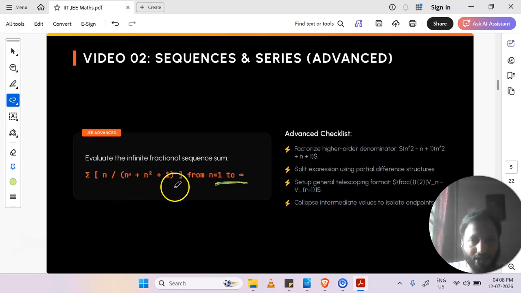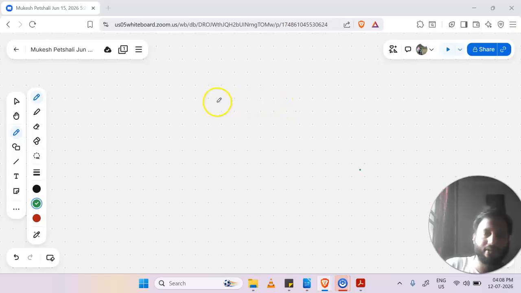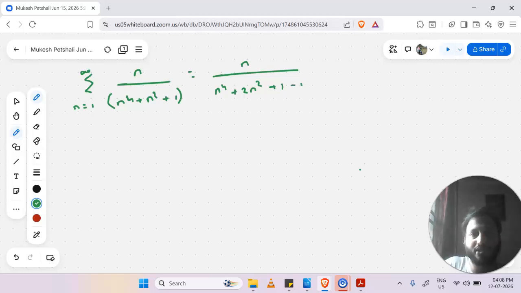So if you look at the denominator, what can I do? I'm just going to factorize the denominator and rewrite it and see what happens. This is the series. So what I am going to do here is n upon n^4 plus 2n^2 plus 1 minus n^2.